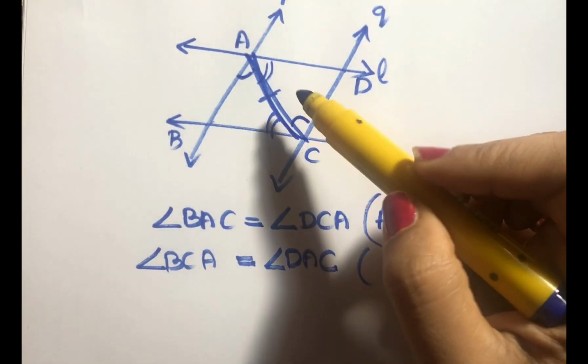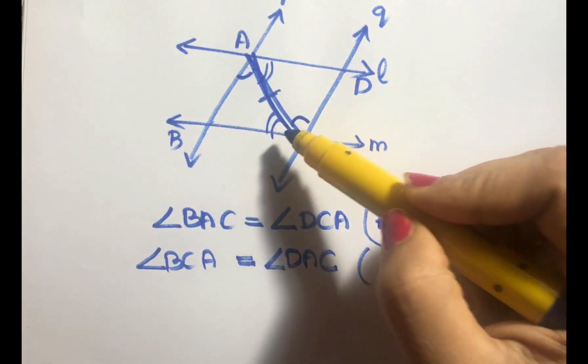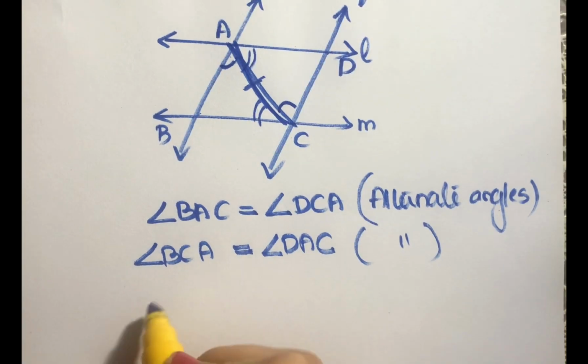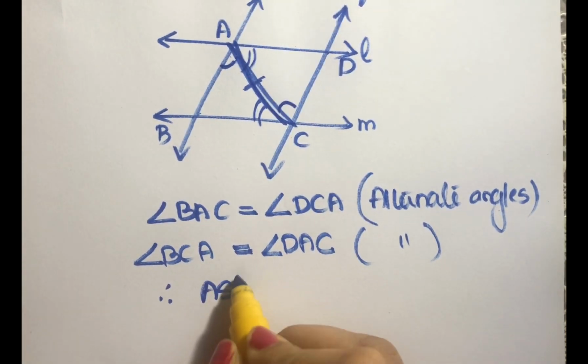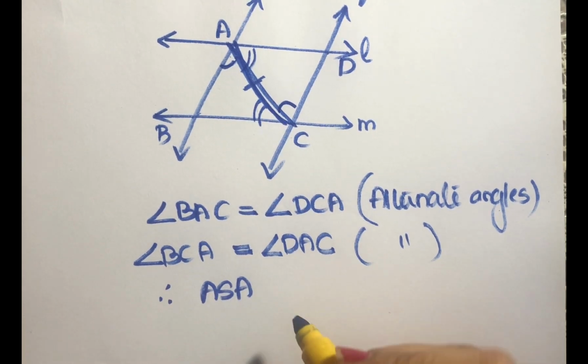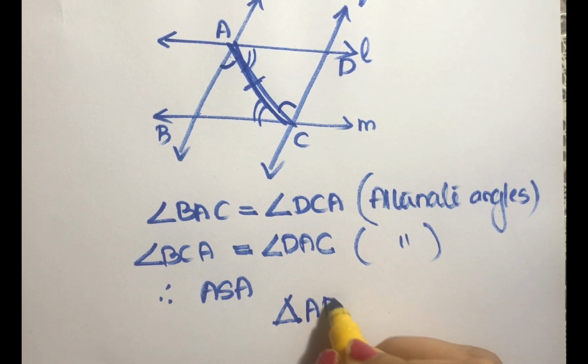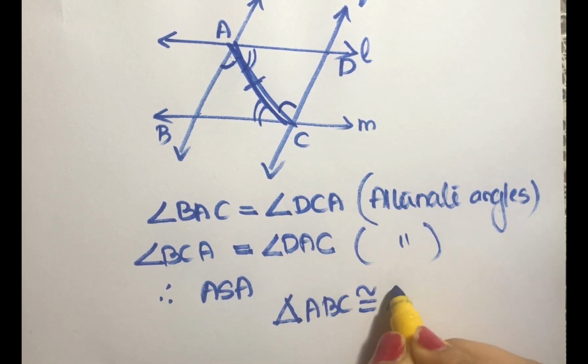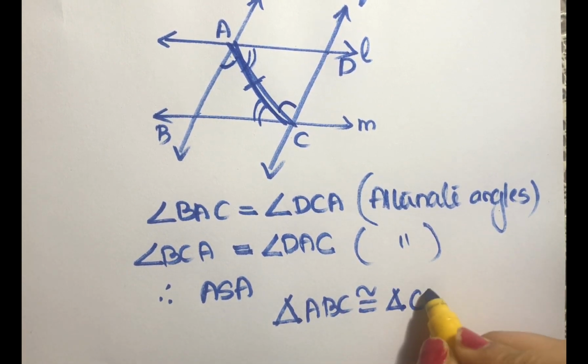So by ASA congruency rule, we have triangle ABC congruent to triangle CDA.